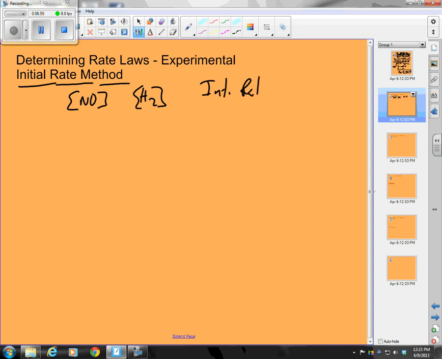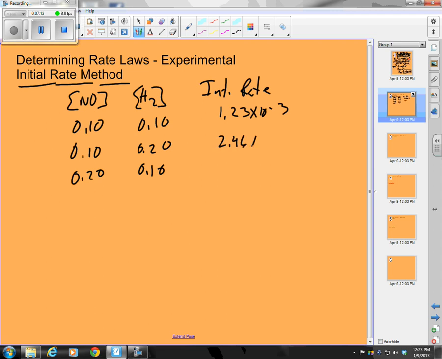In this case, we have 0.10, 0.10, 0.20, 0.10, 0.20, 0.10, and we have 1.23 times 10 to the minus third, 2.46 times 10 to the minus third, and 4.92 times 10 to the minus third, right? And these are experiments 1, 2, and 3. So that's the general look of it.